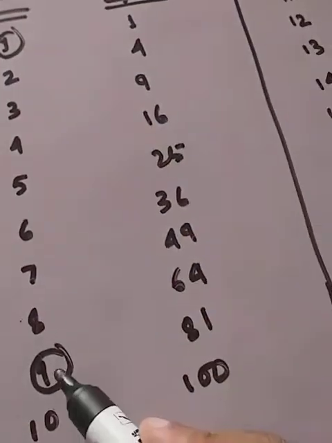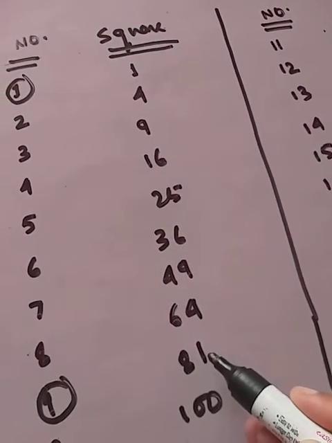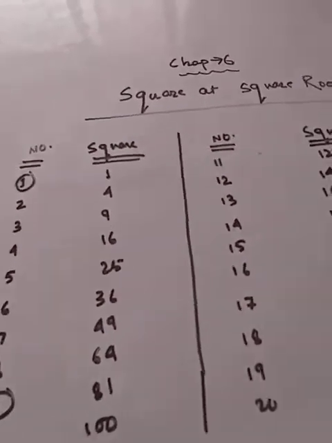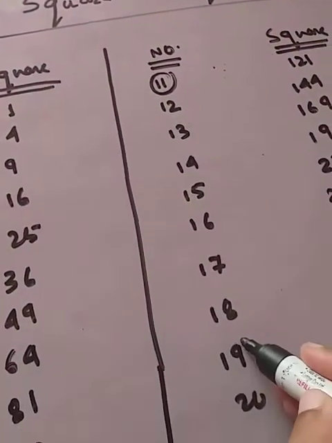The square of 1 is 1, and even the square of 9, what is there in the unit digit? 1 only.